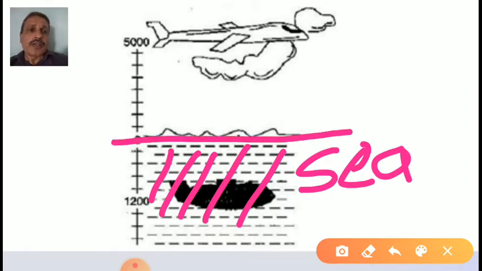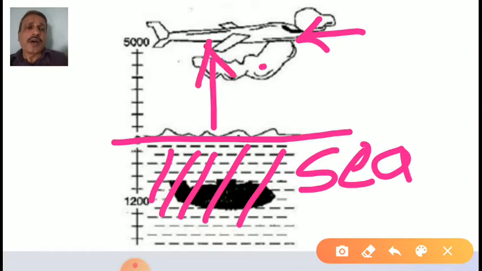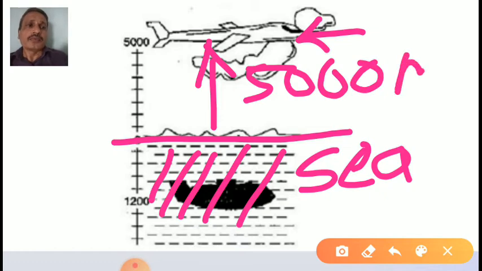Sea water is up to here. And this aeroplane is flying from this level upwards, 5,000 meters. Students, be careful. 5,000 meters above it, an aeroplane is flying.